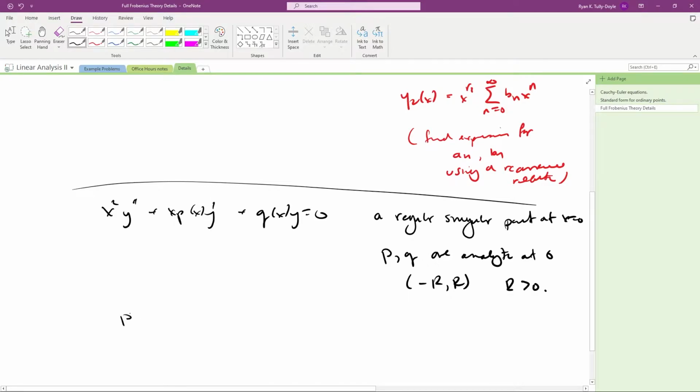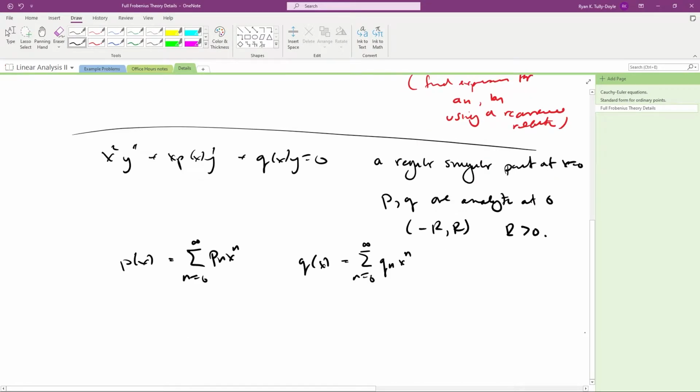We're going to write p(x) equal to the sum from n equals 0 to infinity of p_n x to the n, and q(x) equal to the sum from n equals 0 to infinity of q_n x to the n, for some coefficients p_n and q_n. It doesn't really matter what they are, we just need them symbolically. We're going to write down the guess that we have for the solution.